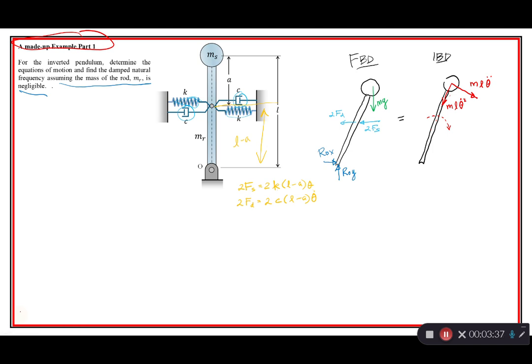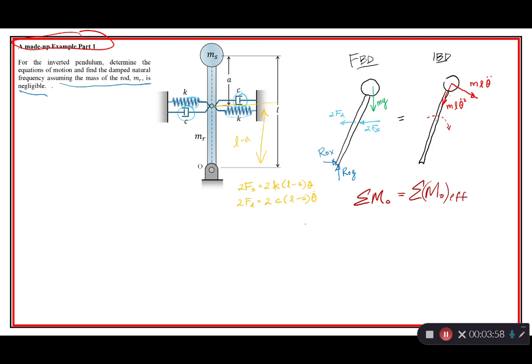So if we go the sum of the moments about O, and because we don't have a rod here, we're going to go ahead and use an effective moment. It's the same thing. Let's just write them out.